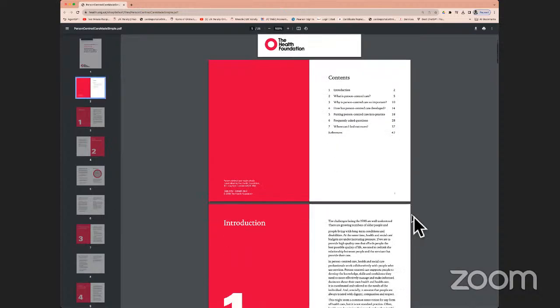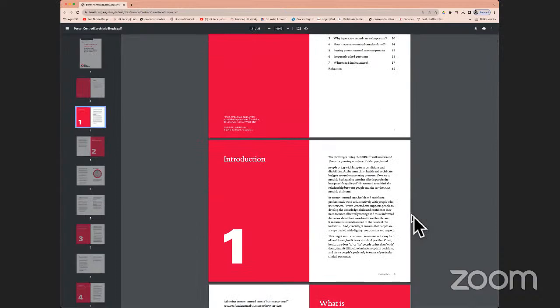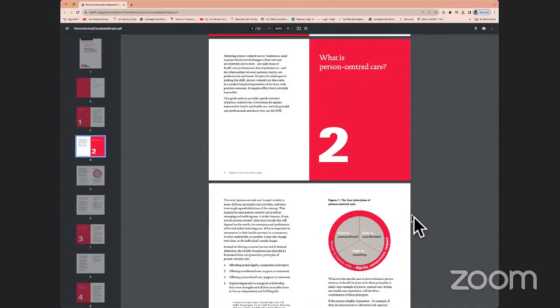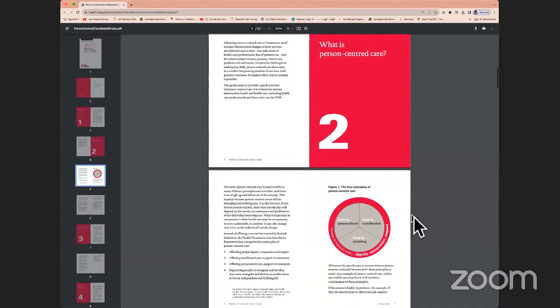Now, this concept was introduced by Carl Rogers in the 1960s, then initially adopted by the American Medical Association, and later introduced into the NHS in the early 2000s.